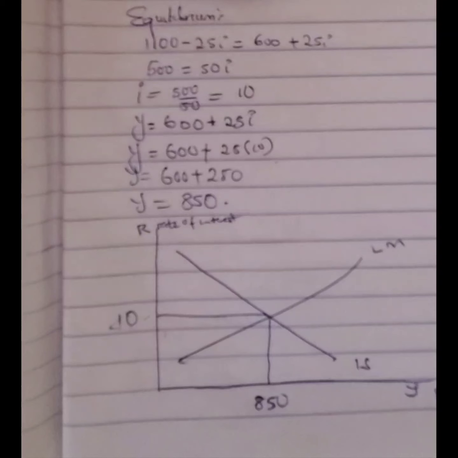So the equilibrium here, we have this to be 850, and the value for this point here is 10%. So then you can interpret your question by saying, according to the model given in the question, when the interest rate is at 10%, the real output is 850 at the equilibrium point.